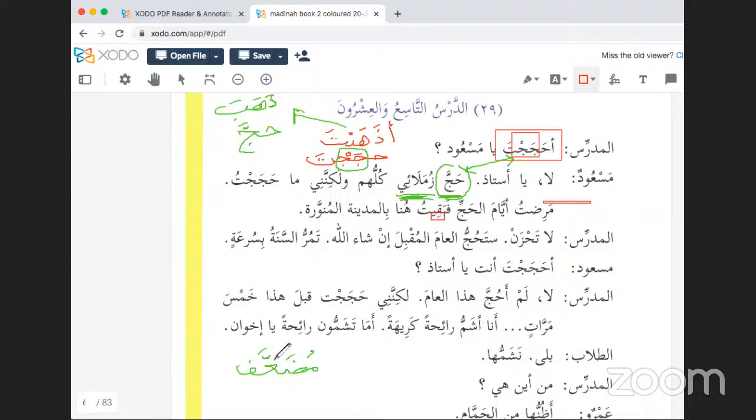Al-fi'l al-mudha'af is the fi'l that has two letters the same, they are doubled. Okay, so this is the first thing that we have in Ad-Dars At-Tasi' wal-'Ishrun. The second thing that we have in Ad-Dars At-Tasi' wal-'Ishrun is this word here. Kulluhum.